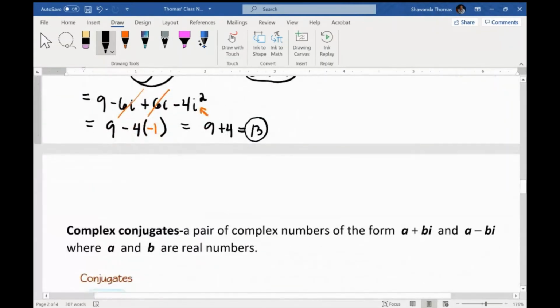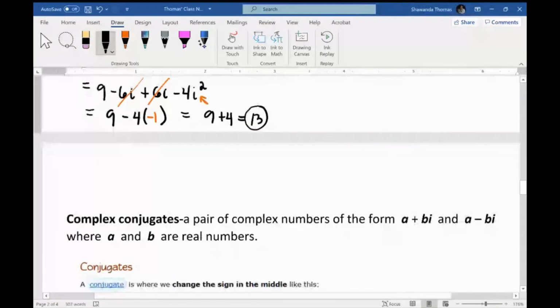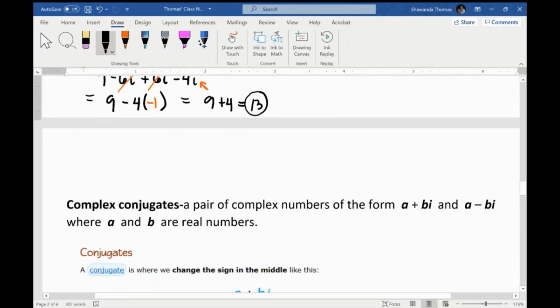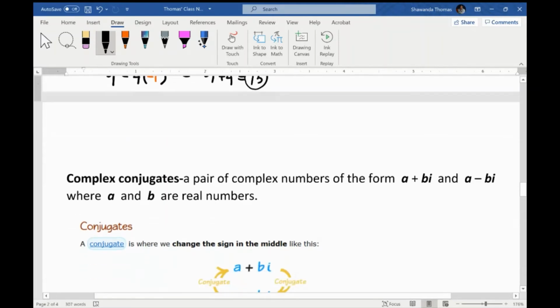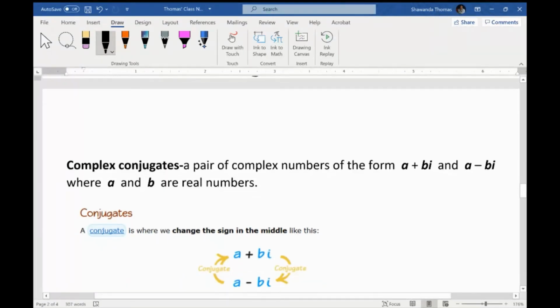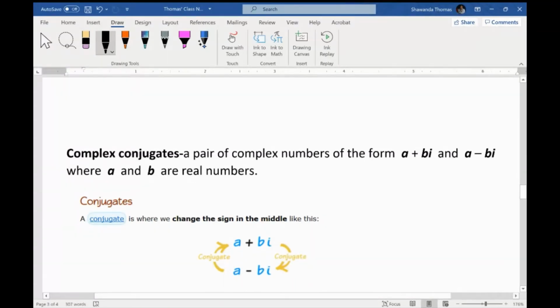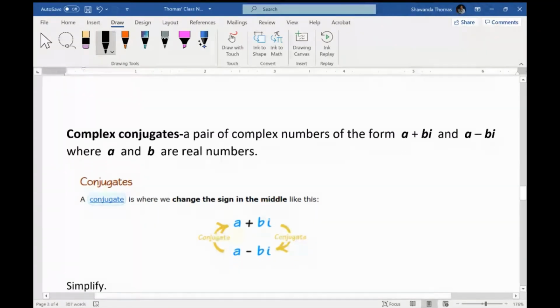Complex conjugates are a pair of complex numbers of the form a plus bi and a minus bi, where a and b are real numbers. A conjugate is where we change the sign in the middle. The only sign you're changing is the one in the middle.